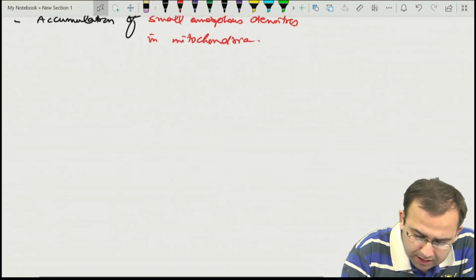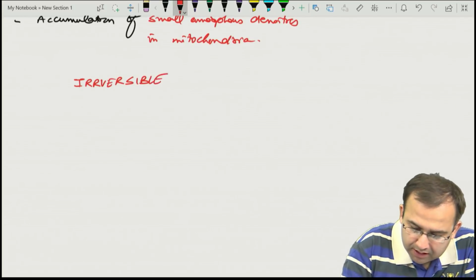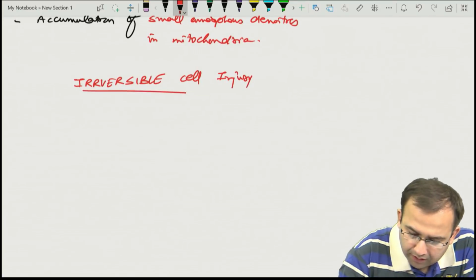Next point, this gets us to irreversible cell injury.